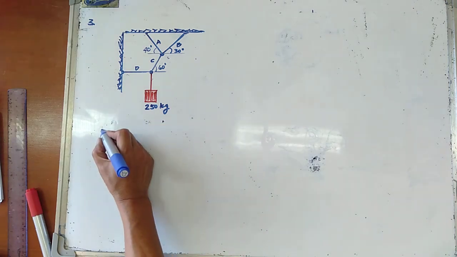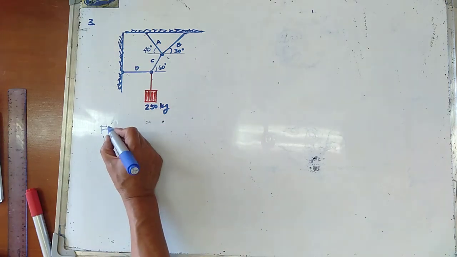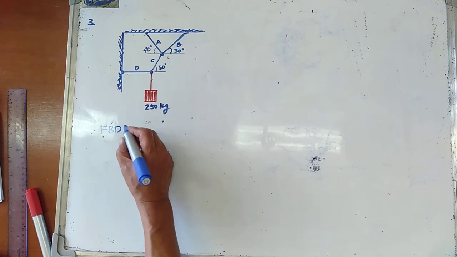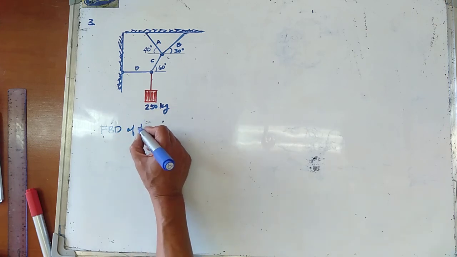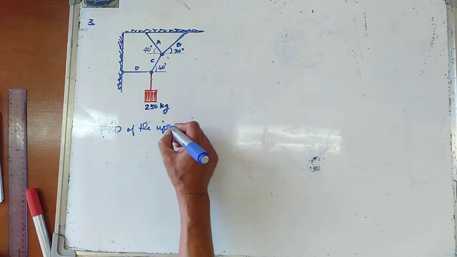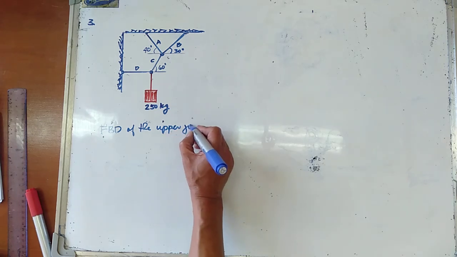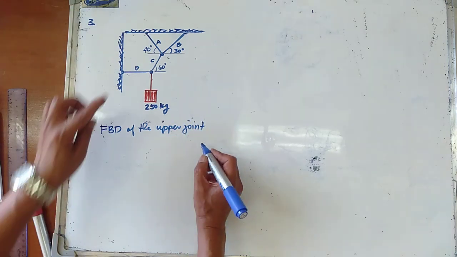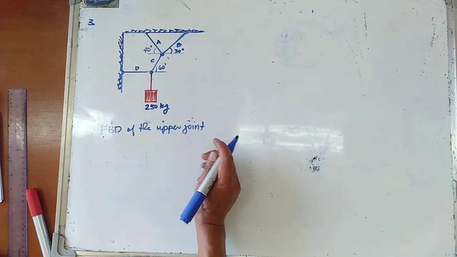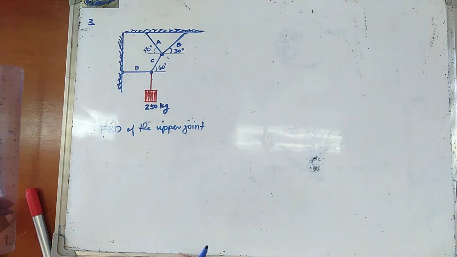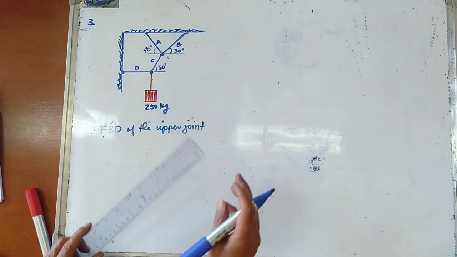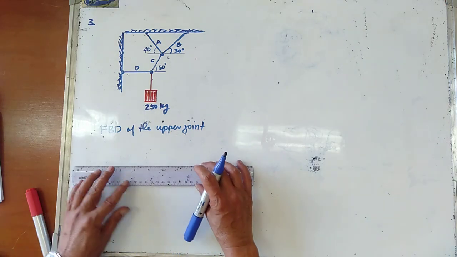Let's proceed now to the free body diagram, or FBD, of the upper joint. So this is the upper joint.